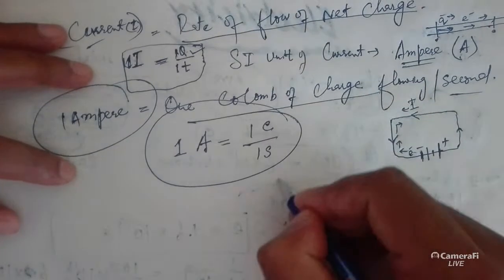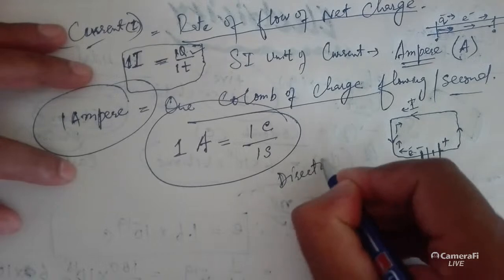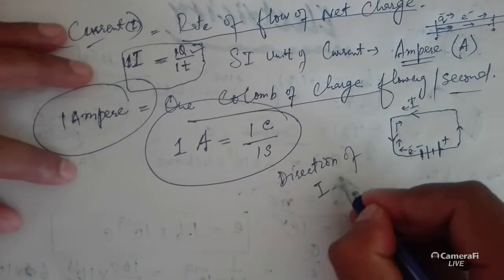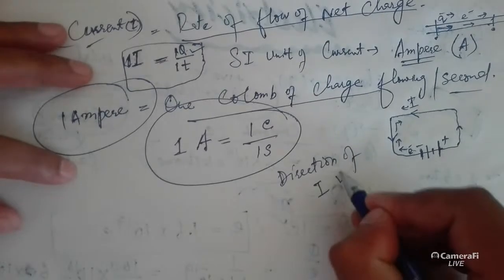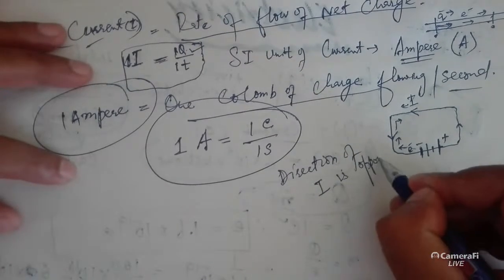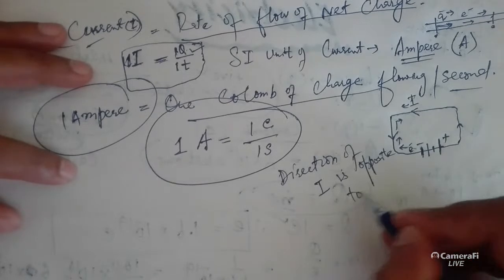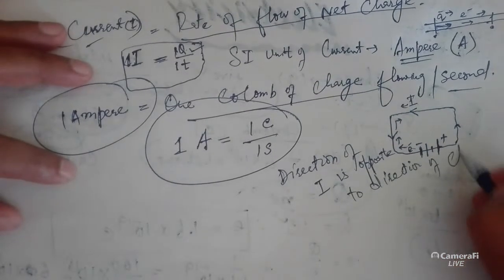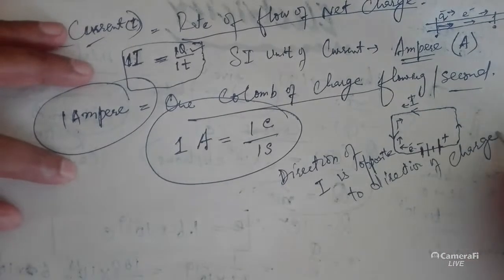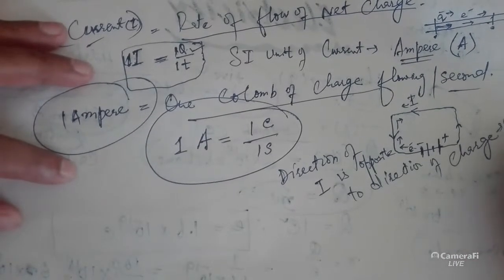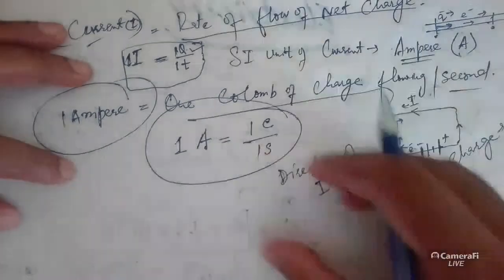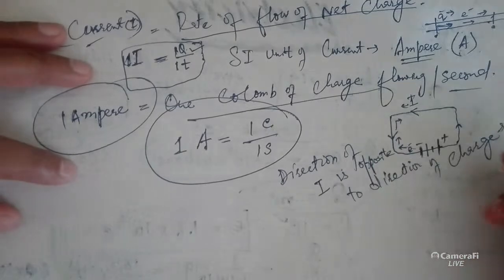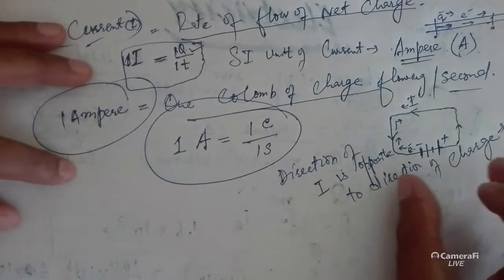So the direction of current is opposite to the direction of charge in a circuit. Circuit means any cross section of metal where this current is flowing and it is complete.